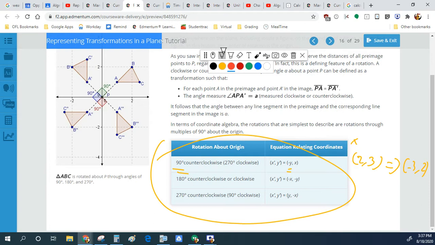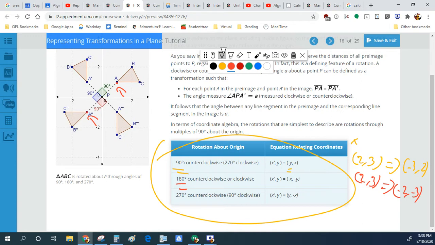The next one, if I do it 180, let's use this 2 and 3 again, this will turn into negative 2 comma negative 3. All that's happening is I'm changing these to be negative for 180.